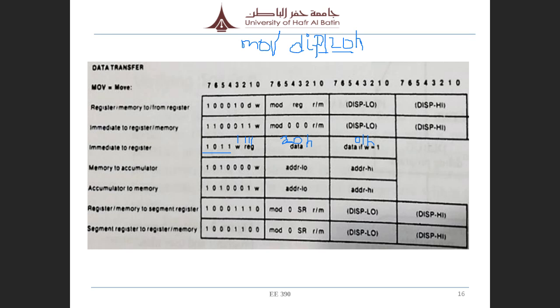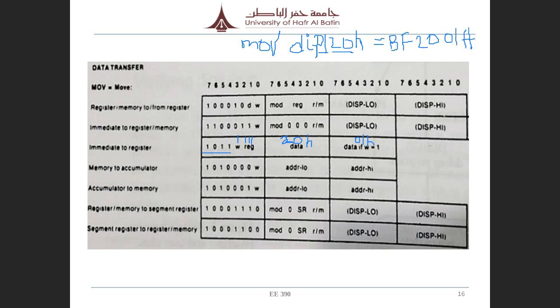So what is the machine code now? The complete code is 1011, it is B, and then 1111, it is F, and then 20 and then 01 in hexadecimal format.